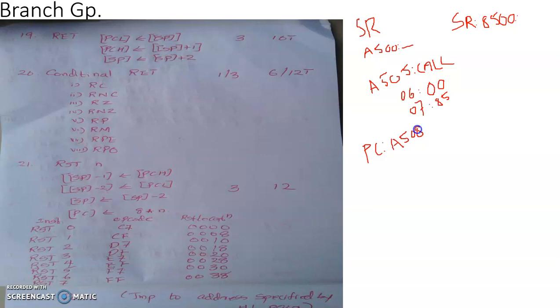So before loading this address 8500 to the program counter, the address that contains the next instruction of the main program to be executed needs to be saved to a reserved location. You already know that this reserved location is the stack, pointed to by the stack pointer register.